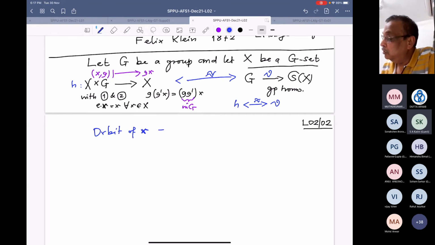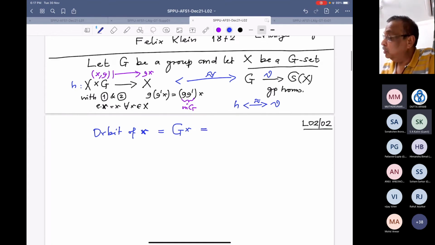The orbit is usually denoted by G times X. This is very suggestive: they are all G multiples of X, where G is in the group. And I don't want to assume G is finite or X is finite. Whenever I need that assumption, I will write it explicitly.